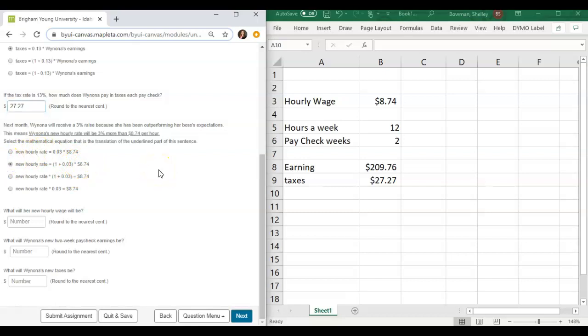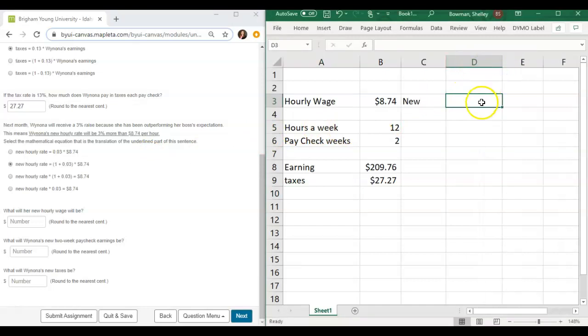And they want us to calculate that for her. What will her new hourly wage be? So we want 3% increasing. So we're gonna, you know what, let's just use this equation here and come over here for her new wage. New. And let's make this a little bigger. Equals.